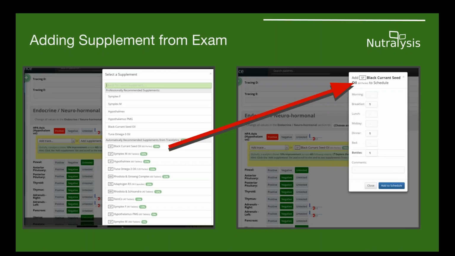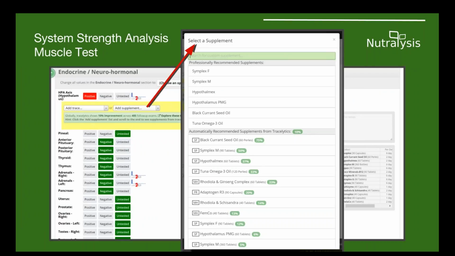This system is tracking all the doctors that are using Nutralysis and telling you, based on the doctors that are actually getting results, what are the most resulted, what is getting the effect. In other words, there was a problem in this area, we used this supplement, and the next time we did it, it came back and it was clear. So that meant that that supplement really worked. And so he's got them prioritized on here.